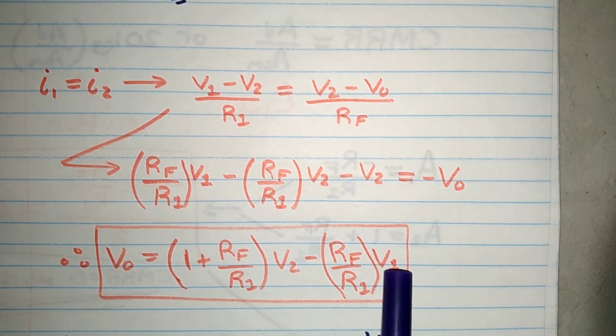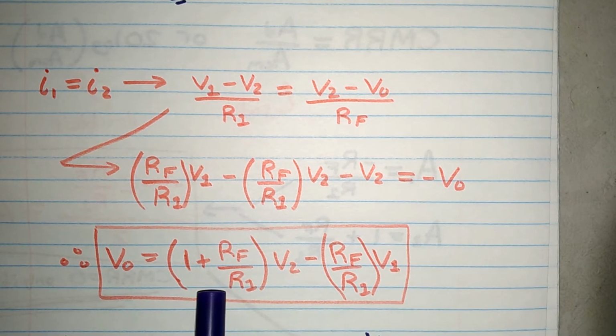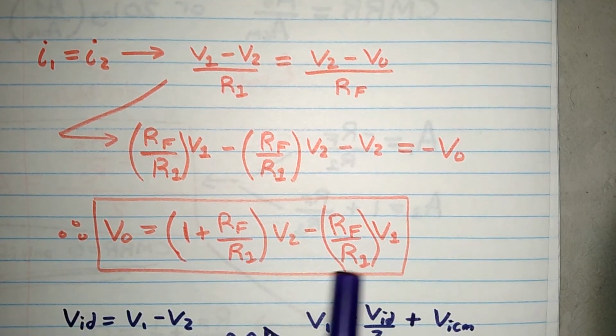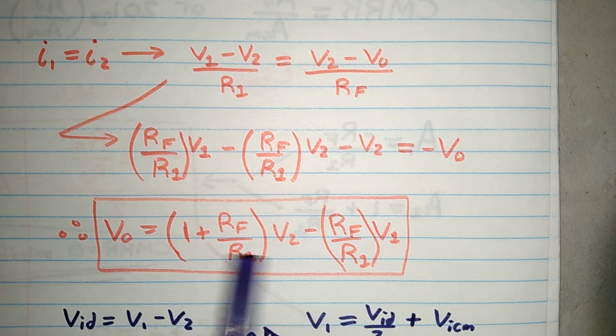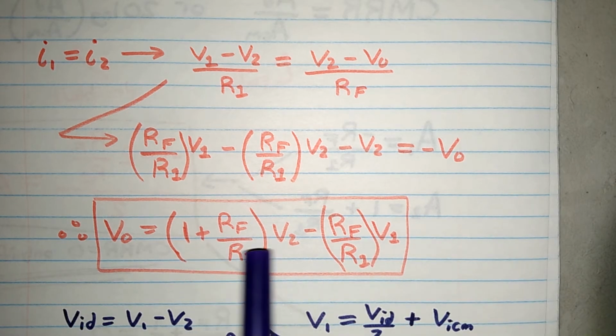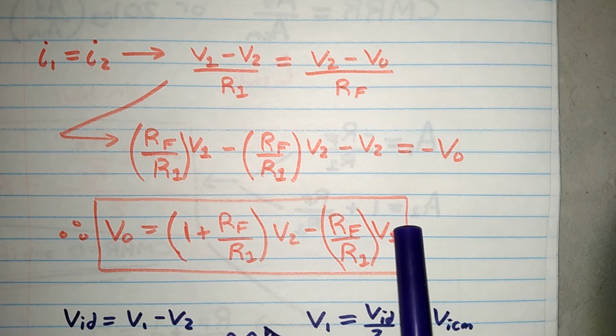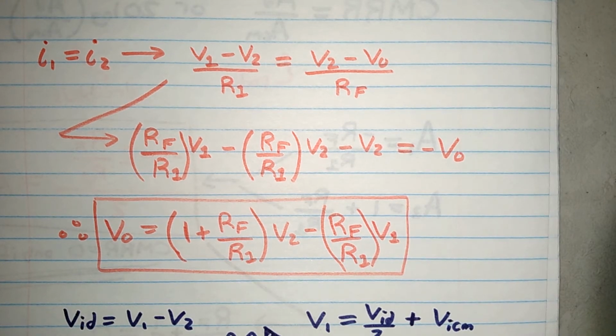It's V2 minus V1, except that it's taking different gains of them. So in this case, we can play with the ratio that we subtract. So I can say, like, I can take 2 of V2 and 3 of V1 by just playing with the RF and R1, the resistances.